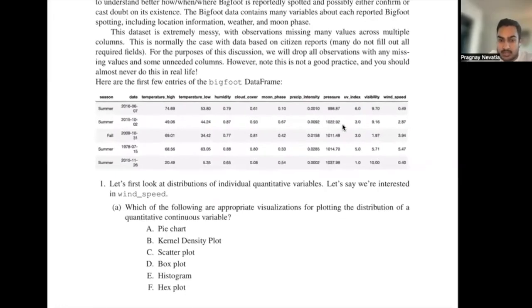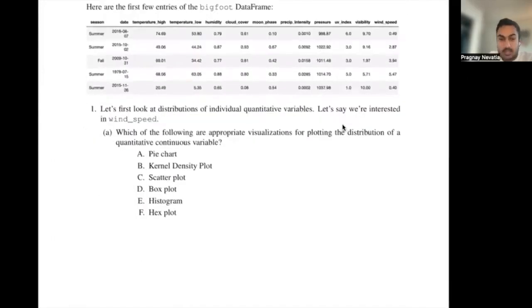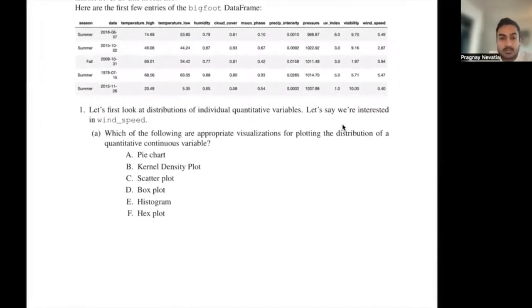The first question is asking you to look at some distributions of the individual quantitative variables. 1A asks what are appropriate visualizations for plotting the distribution of a quantitative continuous variable.